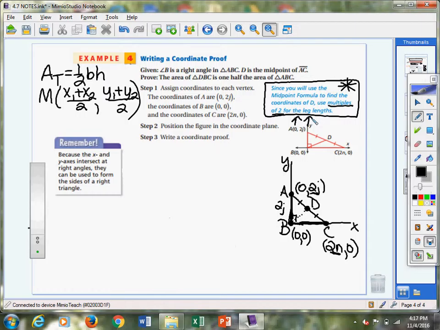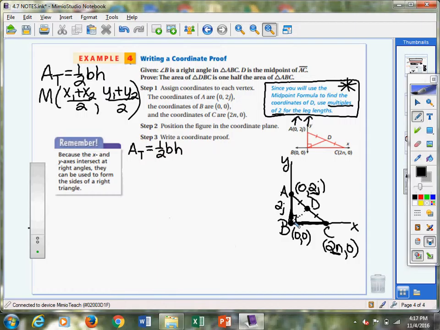And the first thing I definitely want to do is find the area of the big triangle. And to do that, I've got to do 1/2 base times height. Remember the base is BC, and the length of that is 2n, 0 to 2n.